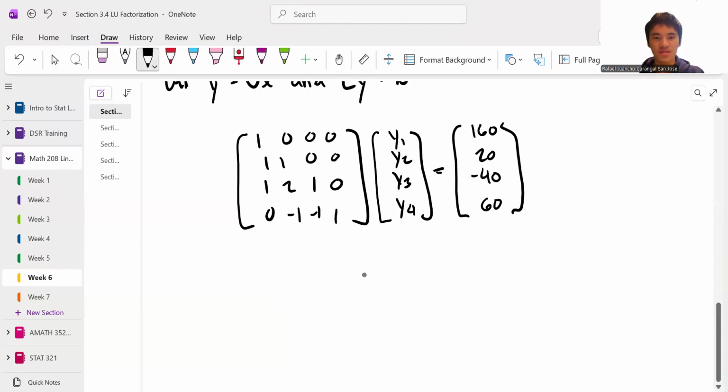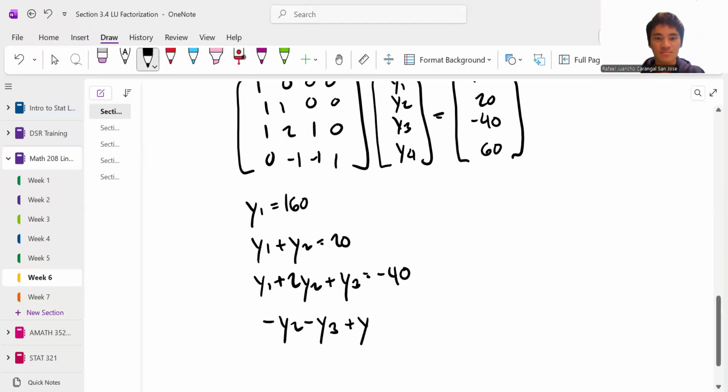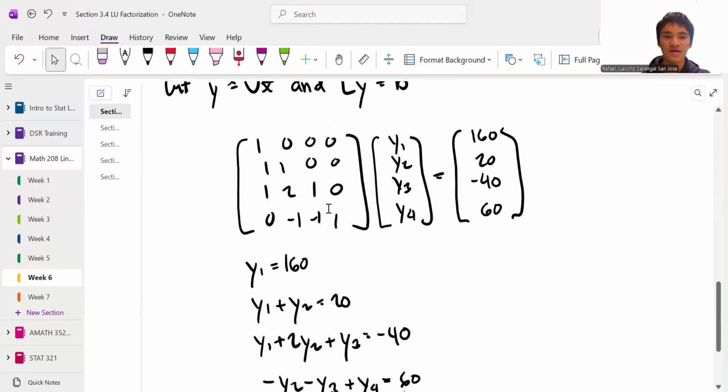Here we do a forward substitution. y sub 1 is 60. y sub 1 plus y sub 2 is 20. It's really nice to see it this way. This is what we call forward substitution. We can do the same thing with the other one, which we already know as back substitution. So we get this nice linear system. And there we have it.